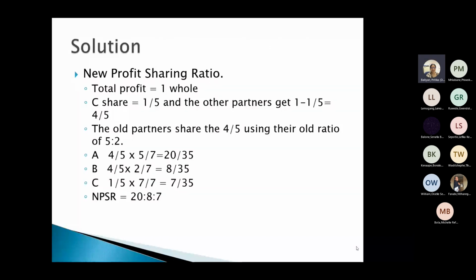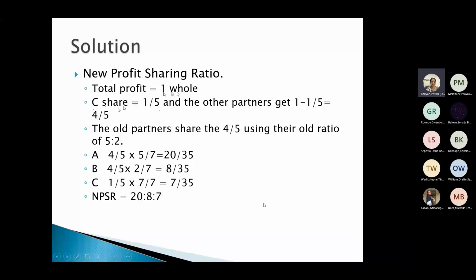We assume the whole profit is 1 pula, then the portion of partner C is 1/5. So how much is the portion of the other partners? If you subtract the portion of C from 1, you get the proportion for the other partners. So 1 minus 1/5 is 4/5. The other partners' proportion is 4/5.